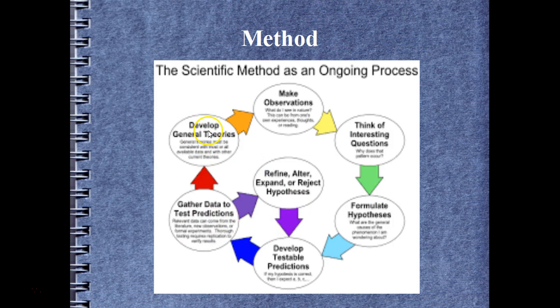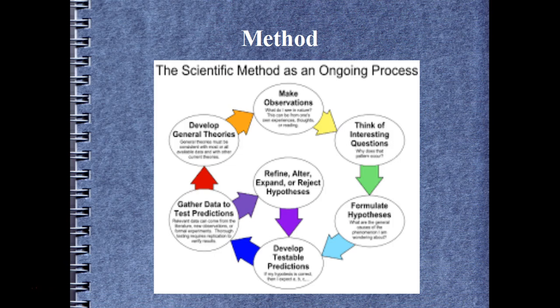move into the last step, which is developing a general theory, like the theory of gravitation or the theory of evolution. Scientists use theory differently than the general world uses theory. Theory in science means it's a hypothesis, a prediction that has been upheld or has been proven seemingly true, because we can't prove anything to be absolutely true, but seemingly true through many, many experiments.